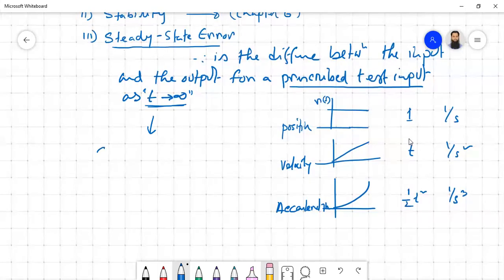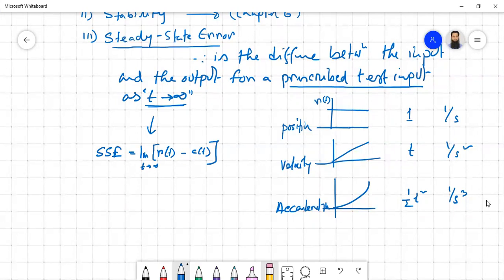In the time domain, it is the limit as time goes to infinity of r(t) minus c(t). This is the definition of steady state error.